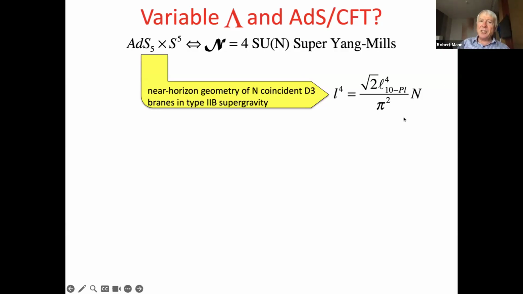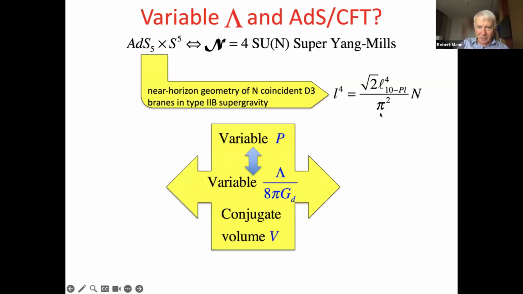But a key relation that emerges from this is this one right here that relates this N of SU(N) to the AdS length, which is related to lambda via the 10-dimensional Planck length. And so since L is related to lambda, it should be fixed because N is fixed.